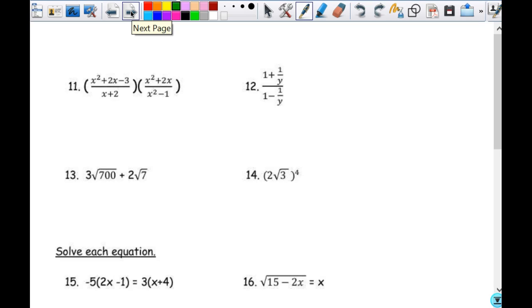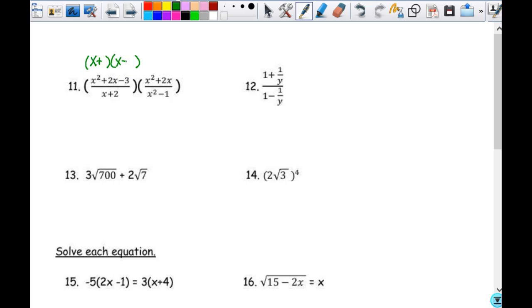Page 2. All right, so what I need to do here first is I need to factor these. So this x squared plus 2x minus 3, when I factor that, this is going to give me x and x. I know one of them is positive and one of them is negative.